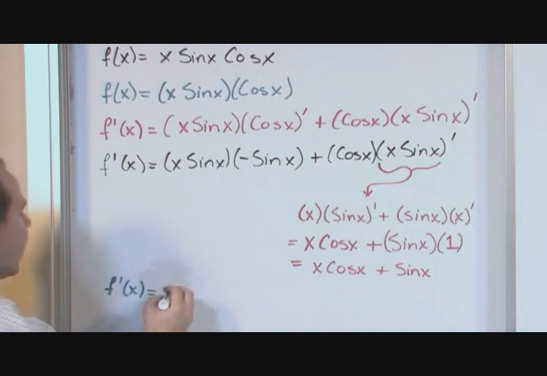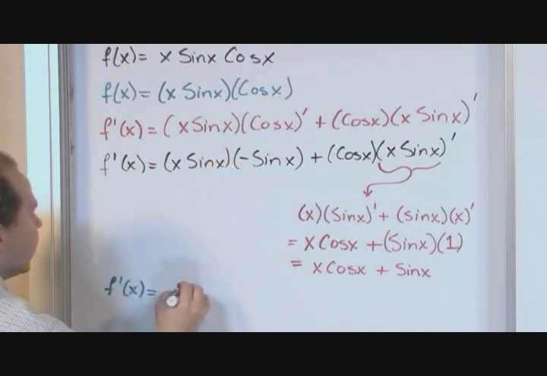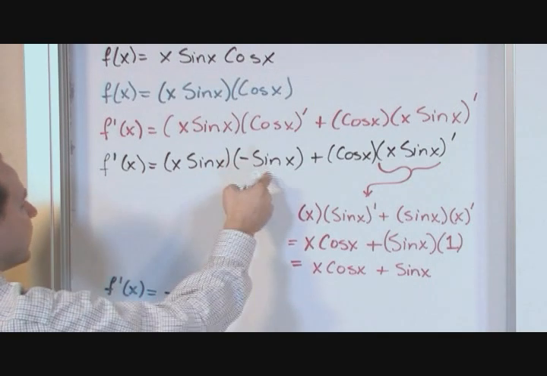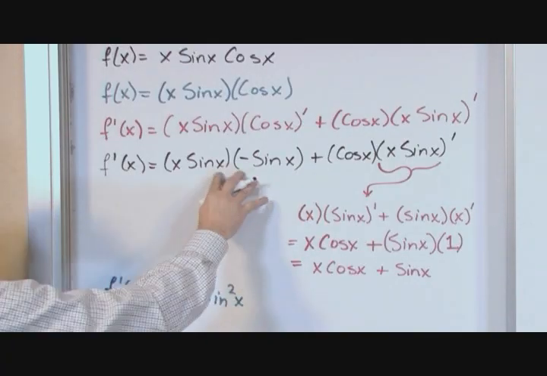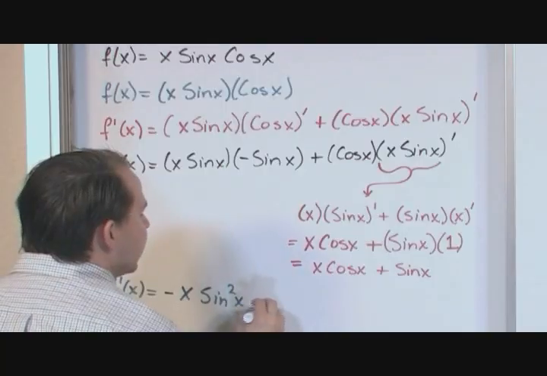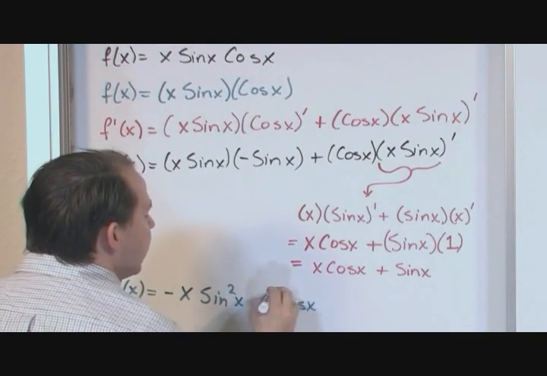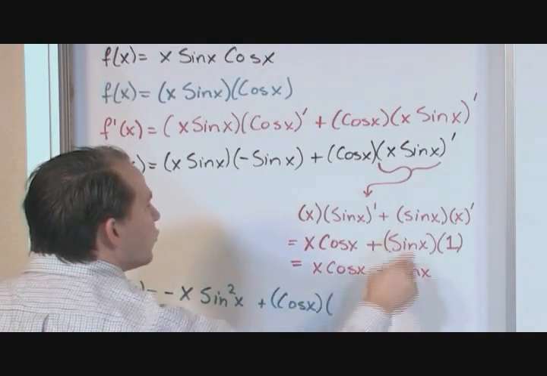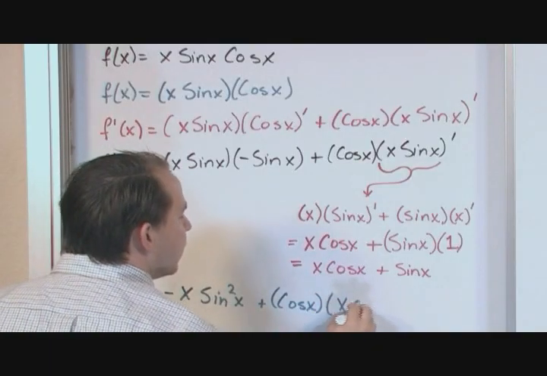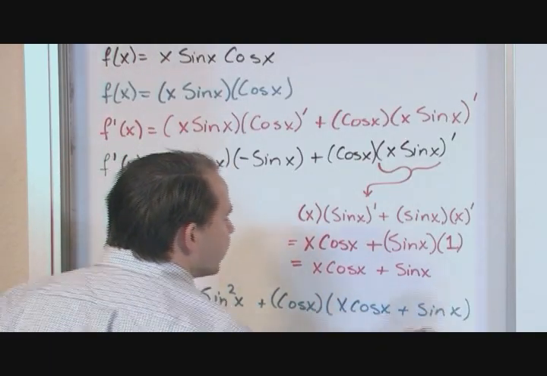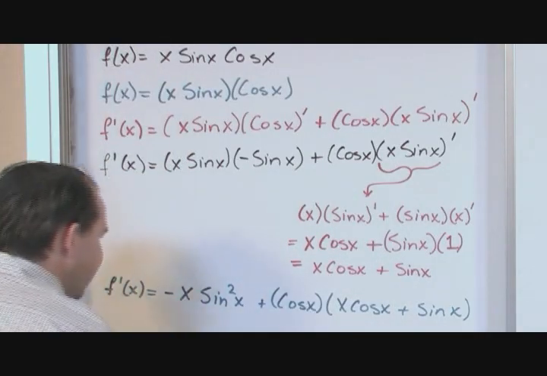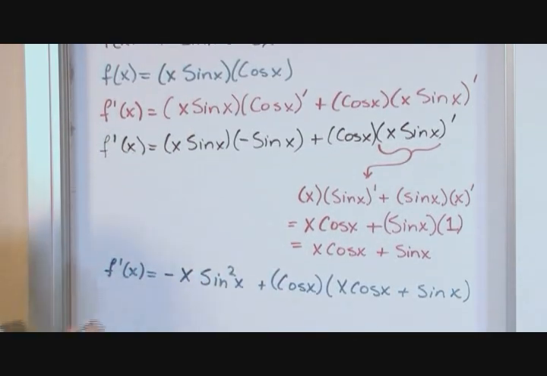So up here we'll have this negative is going to come out negative x, sine times sine is sine squared x. So I'm just rewriting this term here. Next I'll have plus cosine of x. And just to keep it straight, we'll open a parentheses and write this in, which was x times cosine x plus sine x.